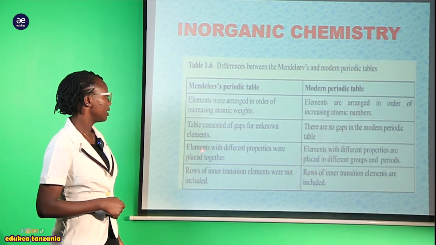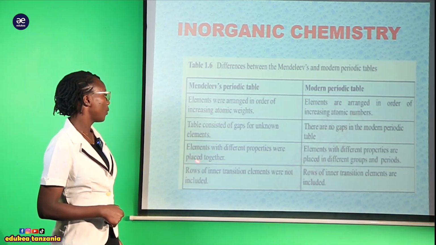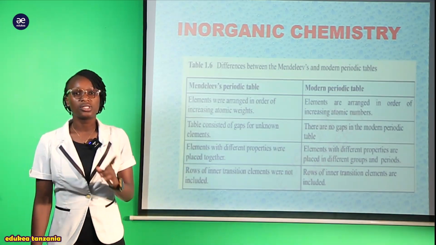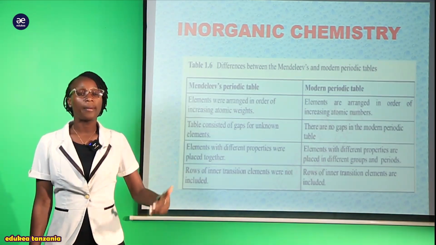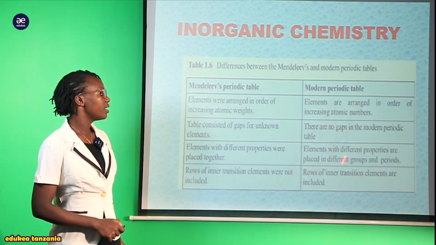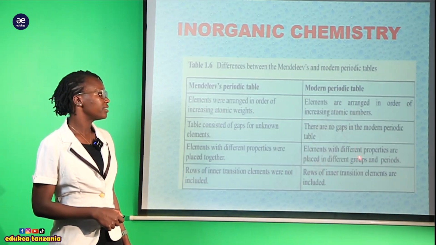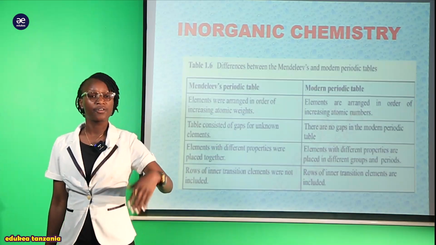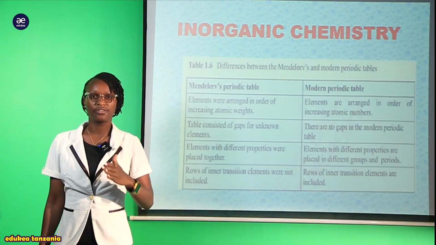Another is the element kwenye Mendeleev periodic table, elements with different properties were placed together, wakati huku kwenye modern periodic table elements with different properties were placed in the different group and period, kwa sababu tumeona kwamba group ina involve set of the element, period ina involve set of the element.